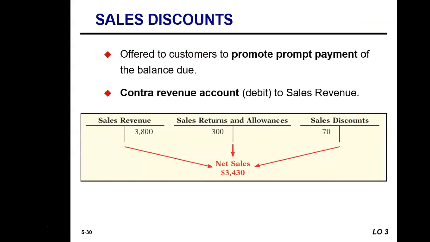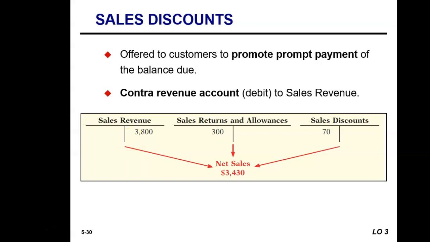Now, just like we had the purchase discounts recognized by the buyer, it would be a sales discount for the actual seller. So a sales discount is also known as a contra revenue account, meaning it's going to have a balance shown on the debit side. Let's put it all together. We had sales revenue for $3,800.